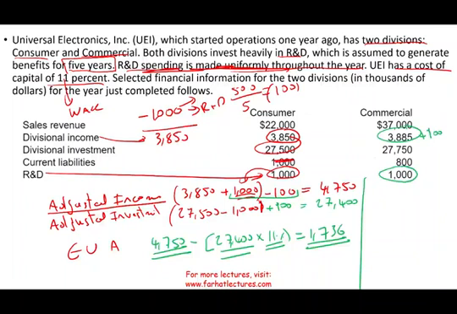Then with the divisional assets, we start with this, deduct $800, then add $900, because whatever we did not expense goes into the asset. If you want to verify this yourself, the answer should be $1,721.50. So this is how we compute economic value added.